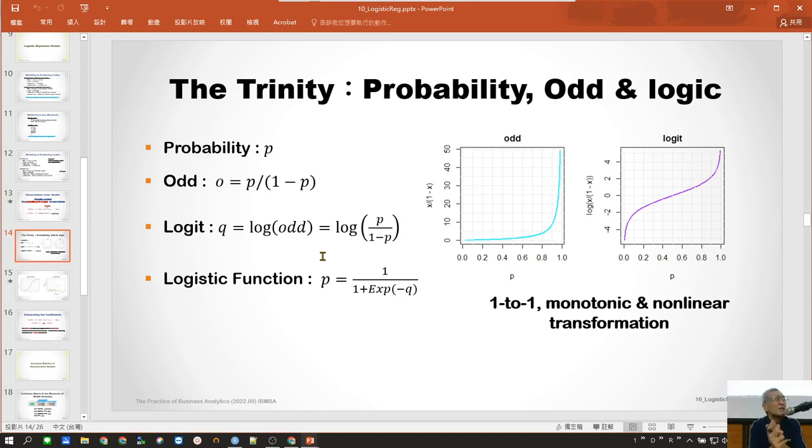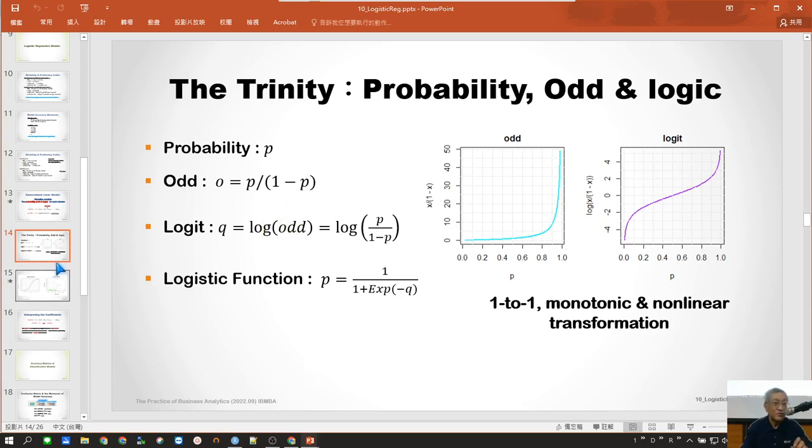It's like measuring weight, sometimes using kilograms and sometimes ounces, or measuring length in meters, centimeters, or feet. There are different units to measure probability, and there are simple mathematical relationships between them.